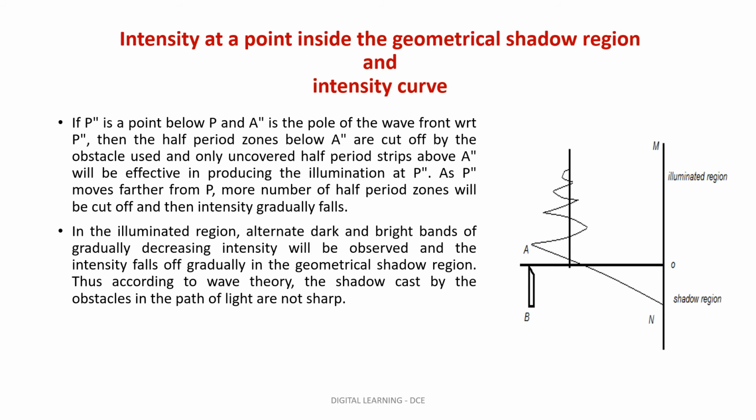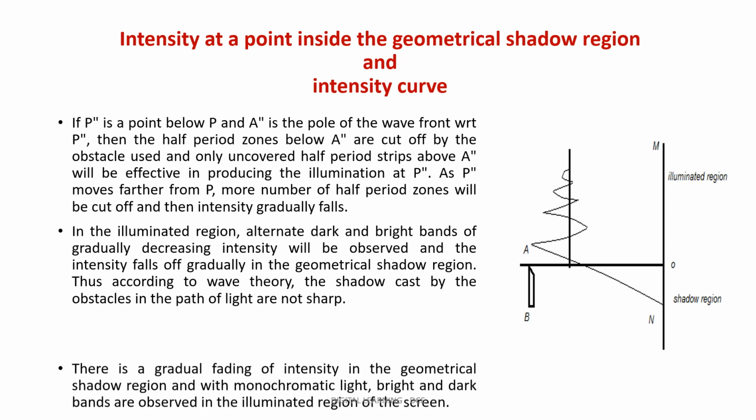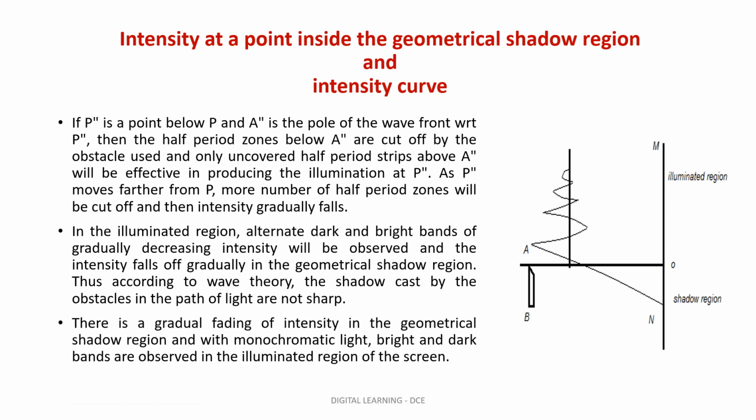Hence, rectilinear propagation of light is only approximately true. There is a gradual fading of intensity in the geometrical shadow region, and with monochromatic light, bright and dark bands are observed in the illuminated region of the screen.